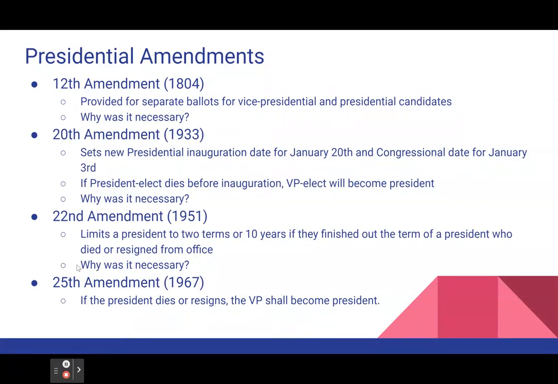If the vice president and the majority of the cabinet disagree and believe that the president just cannot return to his responsibilities, they have to inform Congress. And Congress will have to be the ones to decide, can this person serve as president of the United States?